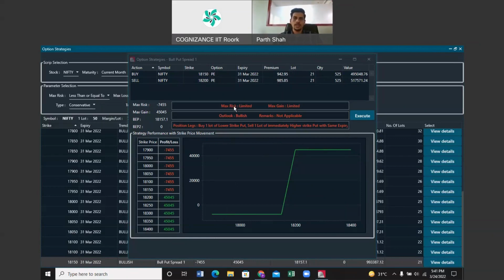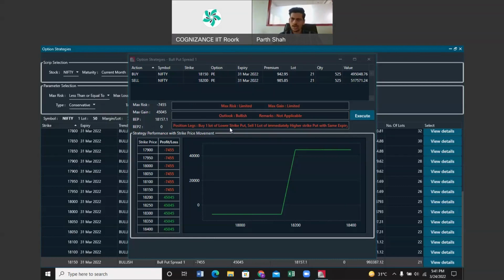If you see, the max risk in this particular strategy is limited to 7,455 rupees. Max gain is also limited since it's a structured strategy, it's a bull put spread. So max gain you can get is 45,045 rupees, and your break even point is when market reaches 18,157 points.